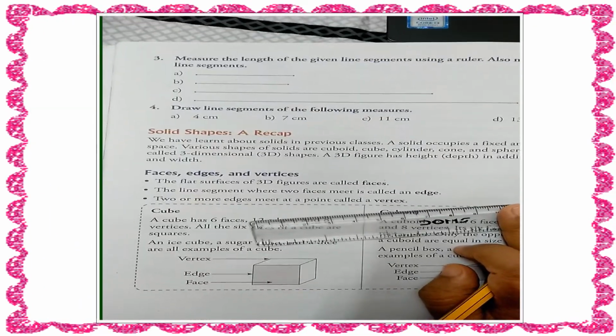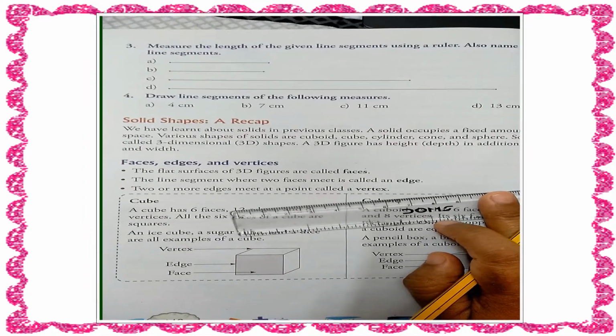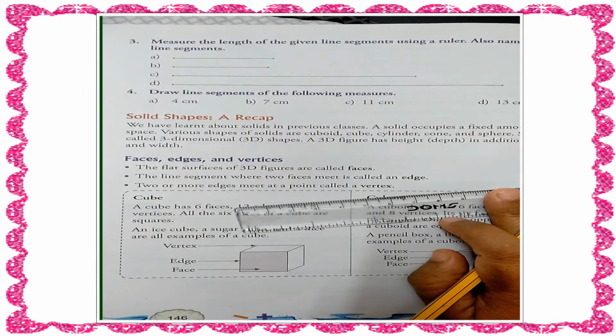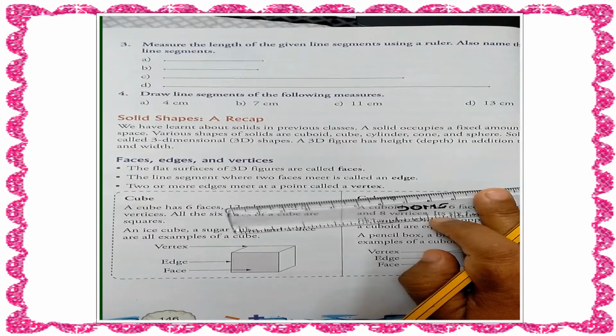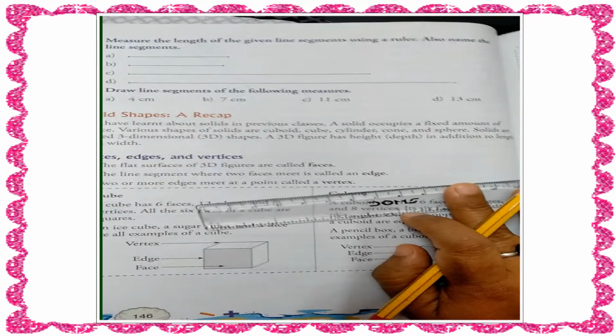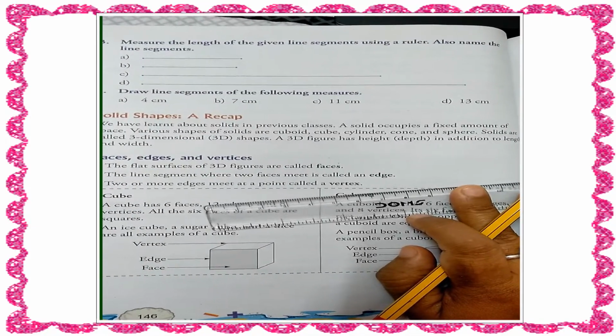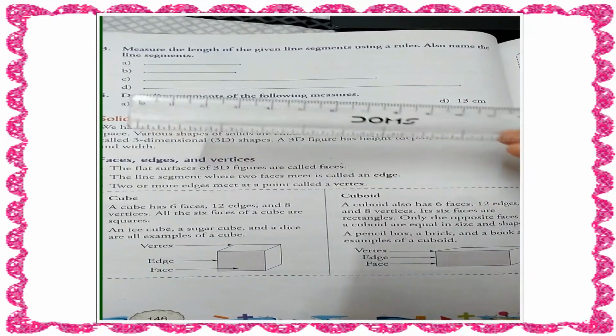Children, now we will learn to measure the line segments. We will learn to measure the line segments using a ruler or scale. As our question is, measure the length of the given line segments using a ruler. Also name the line segments. So, first of all, we will do the A part.